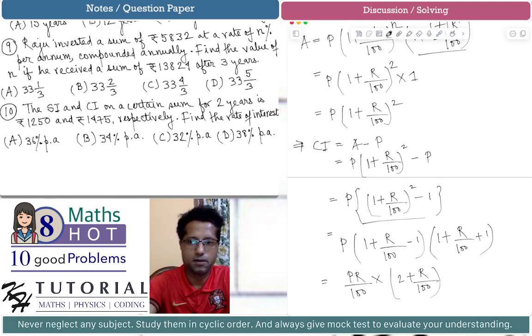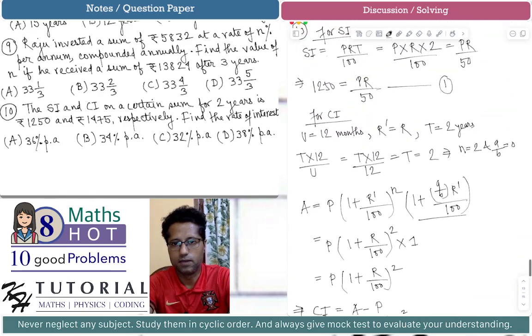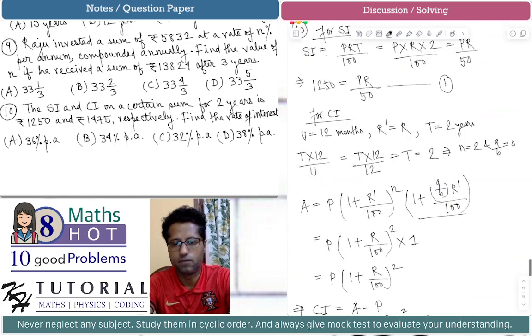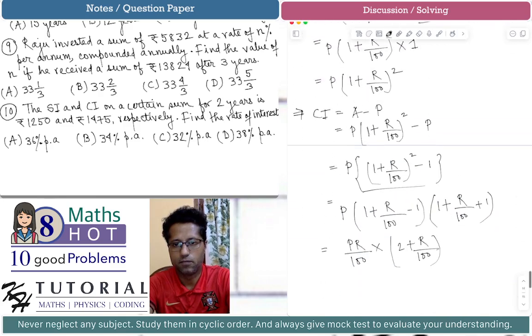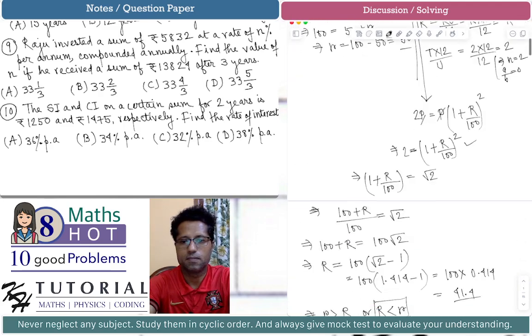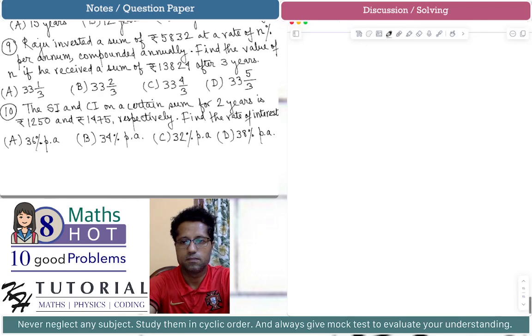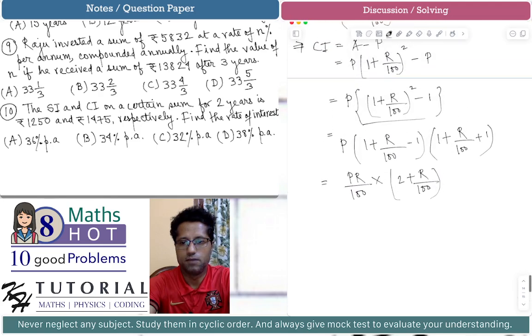Now PR by 100 we already know the value from equation 1. We can find the value of PR by 100 from equation 1. Sorry friend, my machine is behaving very weirdly.